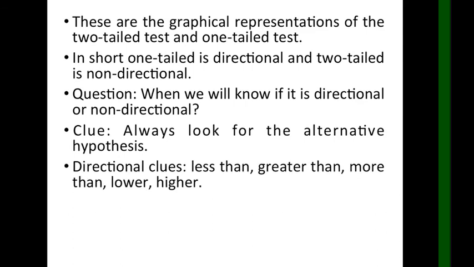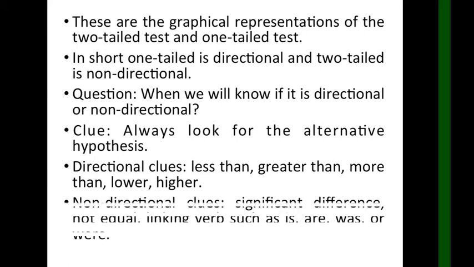Directional clues are the following: less than, greater than, more than, lower, higher. Meron siyang mga ganon. Directional yon. Pero kapag non-directional, the clues are significant difference, there's no significant difference, not equal, or linking verbs such as is, are, was, were, which means pag sabing linking verb, it means equal din.